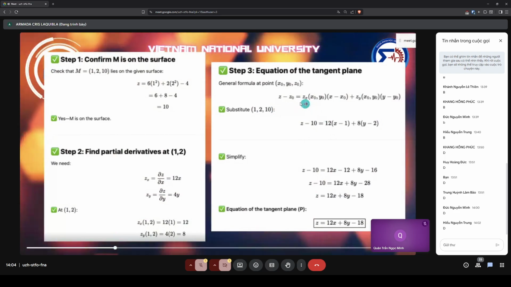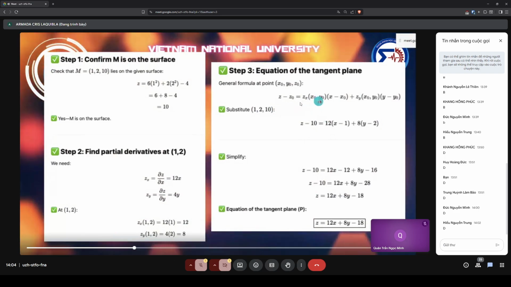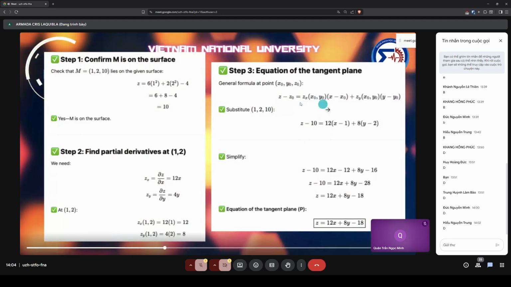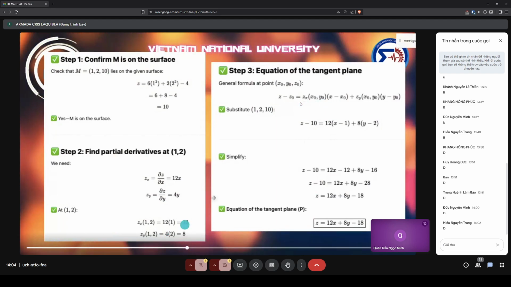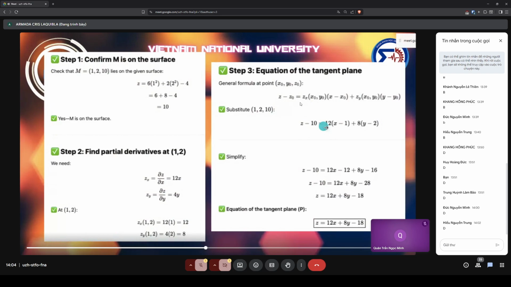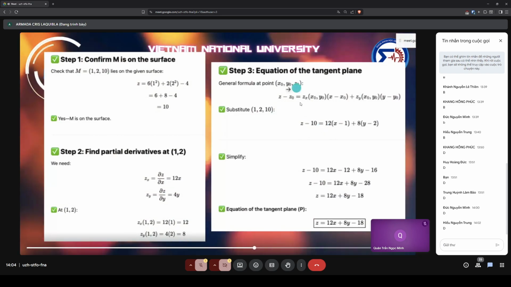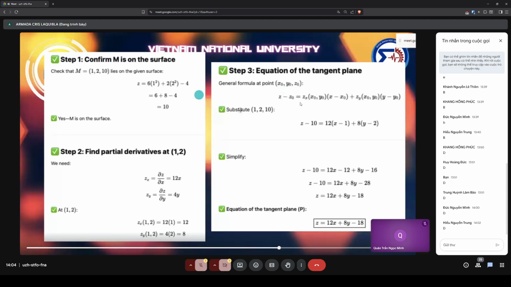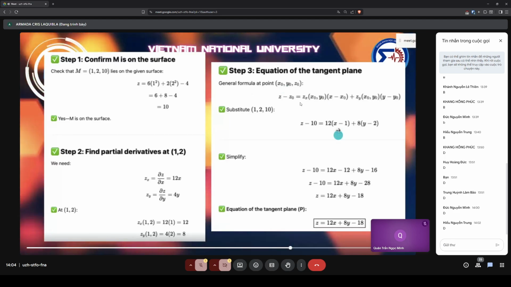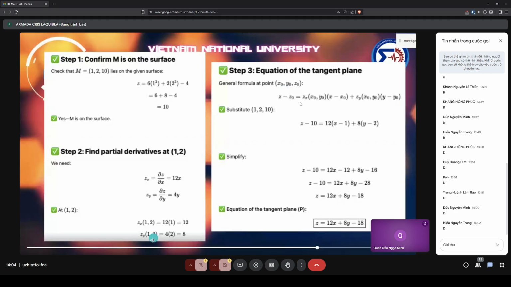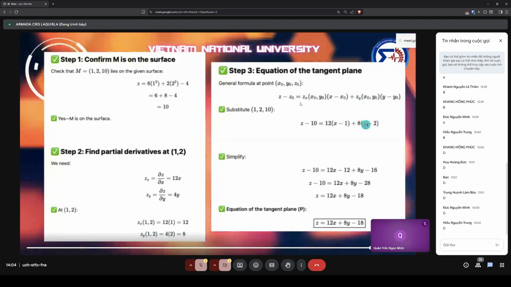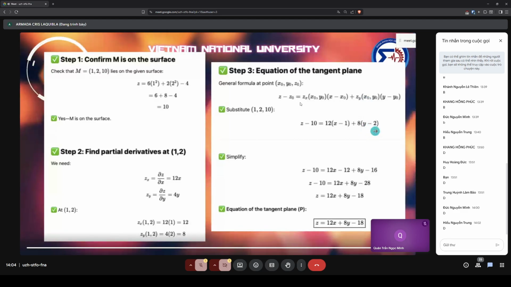And your zx of x sub o, y sub o, which is zx of 1, 2, is equal to 12, so replace that with 12. Then x minus x sub o, which is 1, so that becomes x minus 1. Your zy is 8 already, so replace that with 8, and then y minus y sub o.